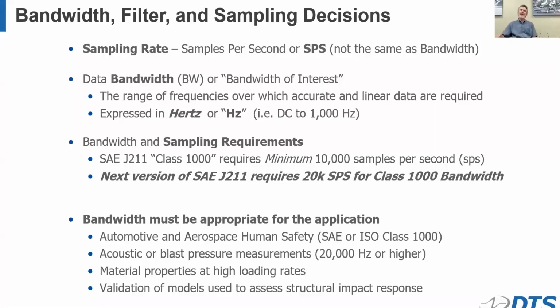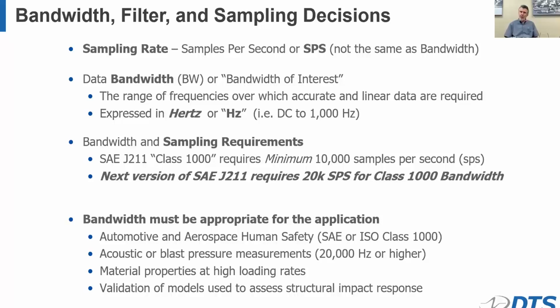Now, this is the key takeaway here: the bandwidth of the data that you're trying to collect has to be appropriate for the application. For example, automotive and aerospace human safety testing almost always requires SAE class 1000. Acoustic or high frequency things like blast pressure measurements, military testing and all that might have much higher bandwidth requirements.